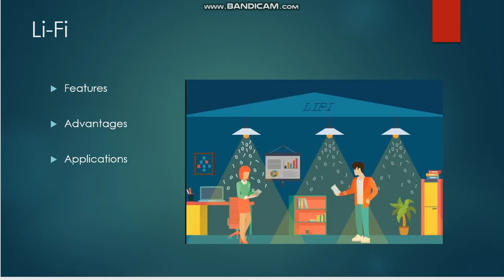Li-Fi stands for light fidelity, and unlike Wi-Fi, Li-Fi uses light waves instead of radio waves to transmit data. In a Li-Fi network, most probably an LED light bulb will be used as a router where the speed is up to 224 gigabits per second, as shown in the image.